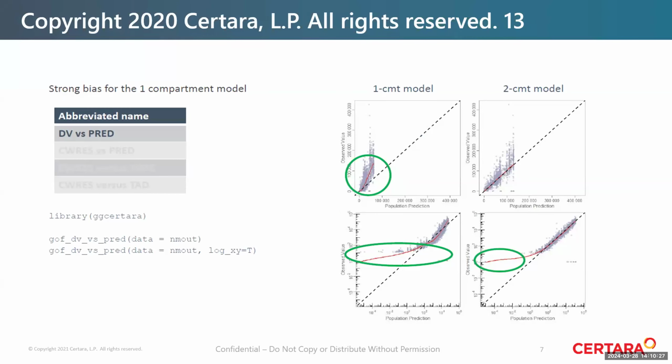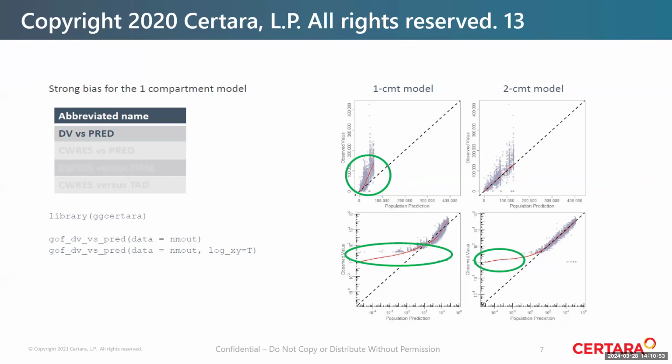This is one of the examples of the plots that were plotted, comparing DV versus PRED. These goodness of fit plots were plotted using a library called ggsetara, and these are the functions that were used to run the model. In this figure, on the left there's a one compartment model, and on the right there's a two compartment model.